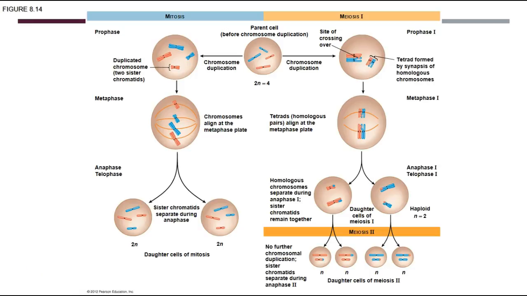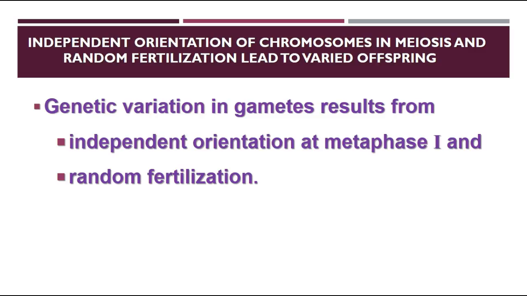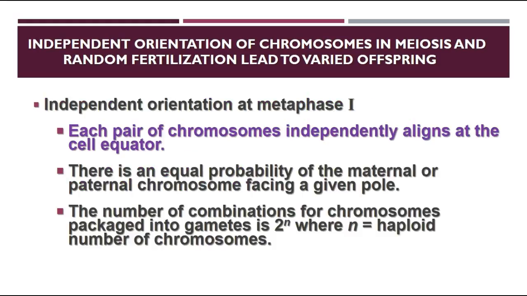This variation in the gametes is one of the reasons that you and all your siblings are not identical to each other. Because you have 2 different things that happen here. You have the independent orientation of the chromosomes at metaphase 1 as well as random fertilization. The independent orientation means that each pair of chromosomes lines up at the cell equator independent of each other.